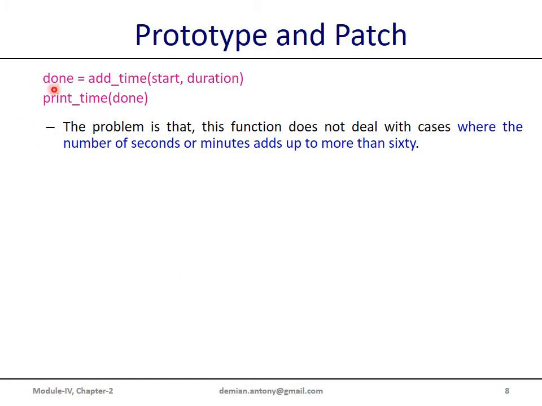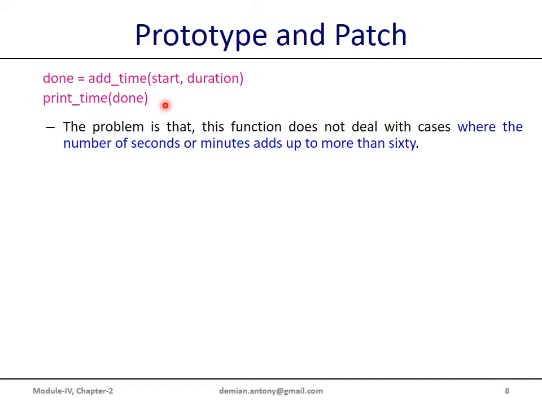And now we call the function add_time. The first object is the start of the movie and the second one is the duration of the movie, and we add these two objects' attributes and get the new object representing the movie finish time, named done. Finally we print the value done, which represents the movie finish time.